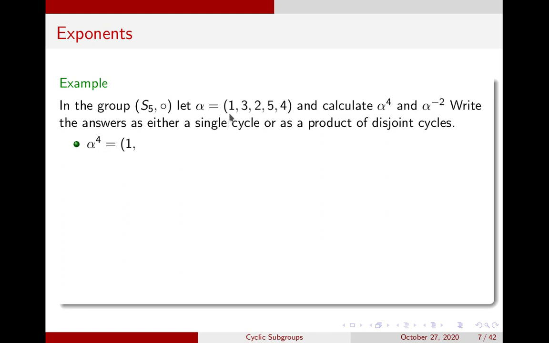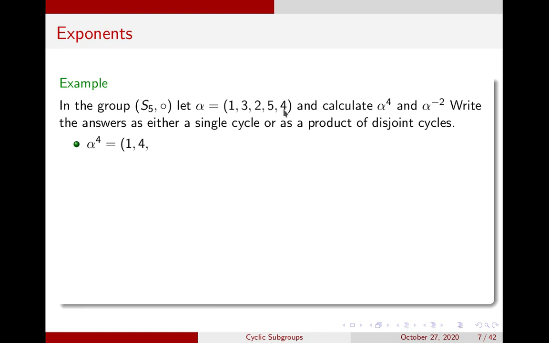So I go back up here to the cycle that defines alpha, and I apply it 4 times. 1 goes to 3 is one application, 3 goes to 2 is the second application, 2 goes to 5 is the third, and 5 goes to 4. So applying alpha 4 times in succession to the number 1 gives us a 4.